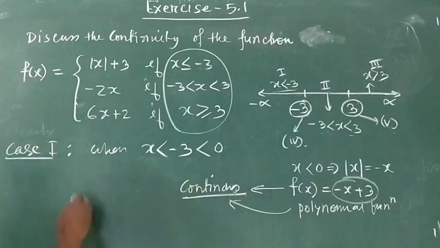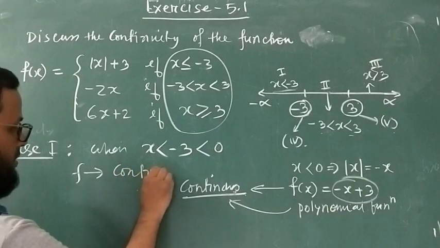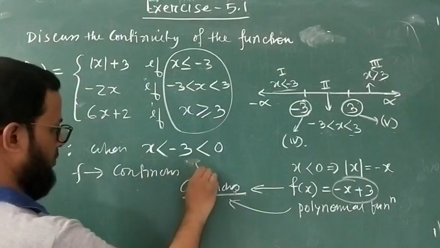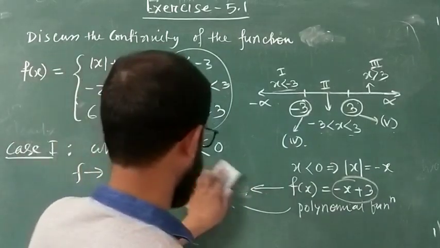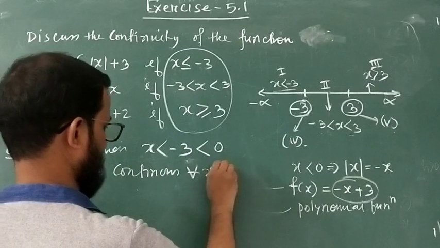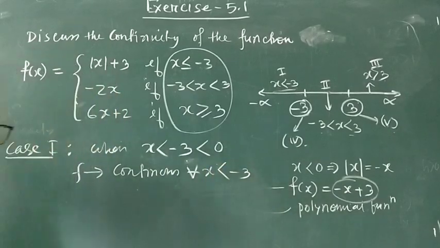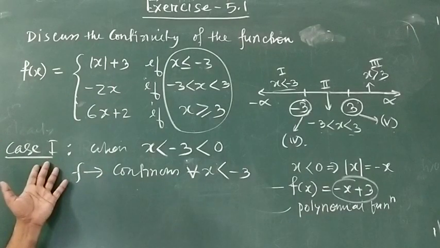That means your function f will be continuous for all x less than -3. Understood? So this is for case number 1.